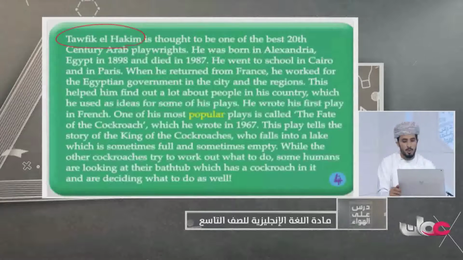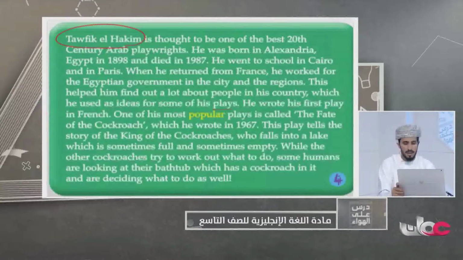He was born in Alexandria, Egypt, in 1898 and died in 1987. He went to school in Cairo and in Paris. When he returned from France, he worked for the Egyptian government in the city and the region. This helped him find out a lot about people in his country, which he used as ideas for some of his plays.